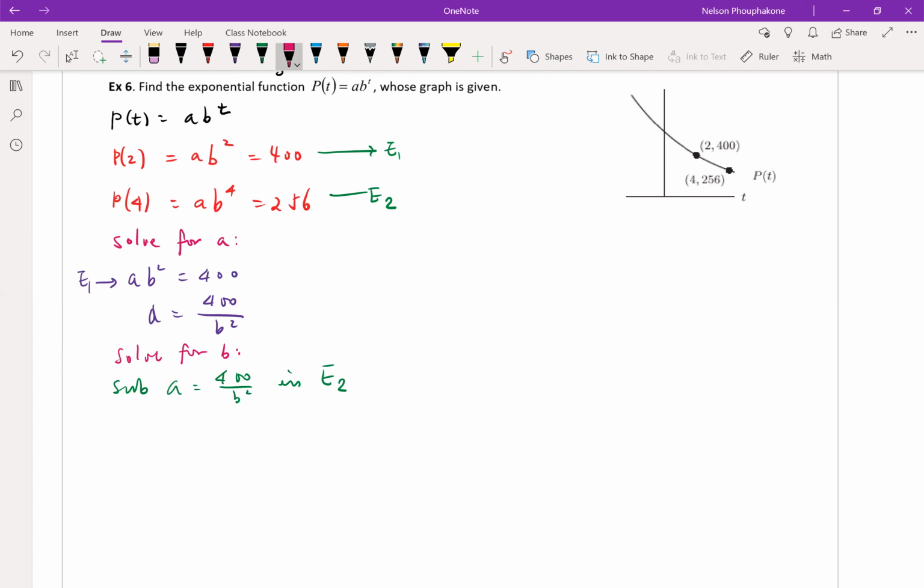Then now I have 400 over b squared times b to the 4th is 256. Then of course this one and this one cancel. Okay. Then we will have 400b squared equal to 256, or b squared equal to 256 over 400.